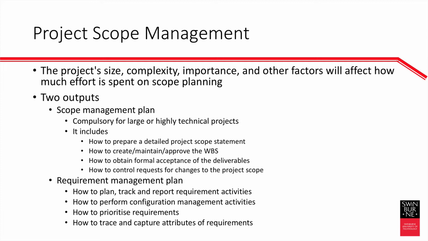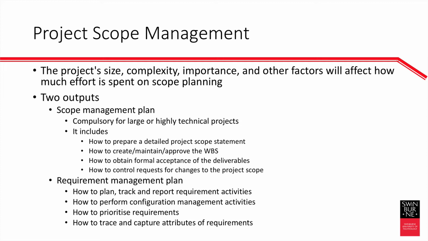Two outputs from the scope planning are the scope management plan and the requirements management plan. The scope management plan is compulsory, really, for large or highly technical projects. It includes how to prepare a detailed project scope statement, how to create, maintain, and approve the work breakdown structure, how to obtain formal acceptance of the deliverables, and how to control requests for change.